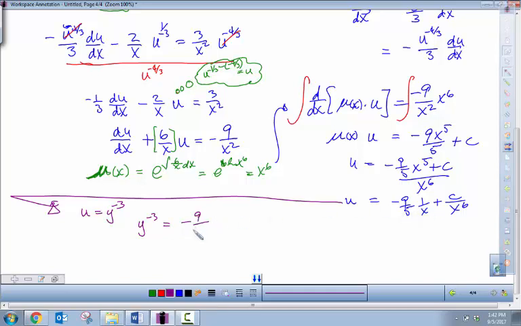I'll just put negative 9 over 5x. I don't know if that's any easier to write. So this is 1 over y to the third, right? Or can I just take the negative third root or something? So I have to take the reciprocal and the third root.